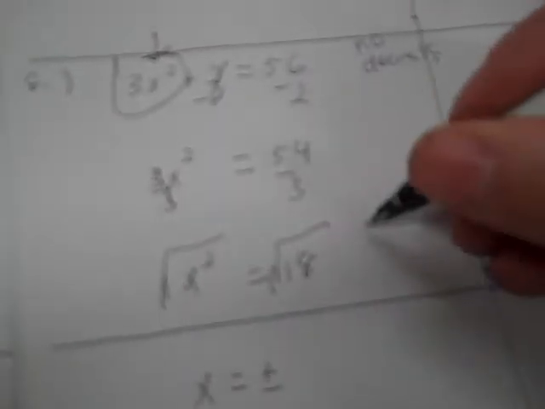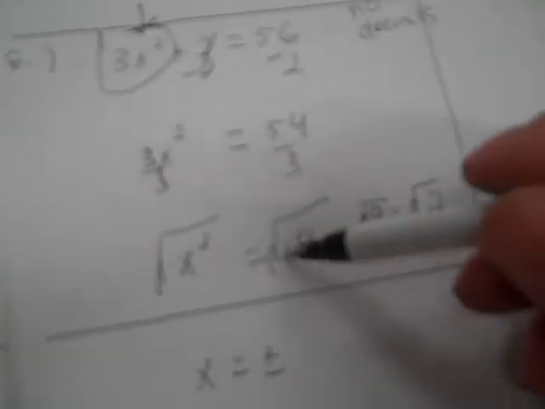Then we find the square root of both sides, so it's positive, negative. No decimals allowed, so we need to break it up. 18 is divisible by 9, and 18 divided by 9 is 2. You don't need the i because it's positive 18. So this becomes 3, so 3 square roots of 2. Those are our two answers, 3 square roots of 2 and negative 3 square roots of 2.